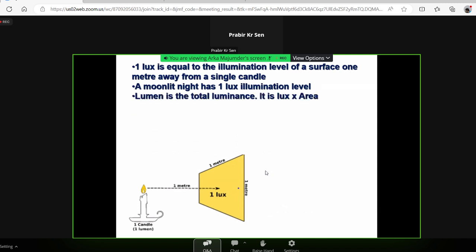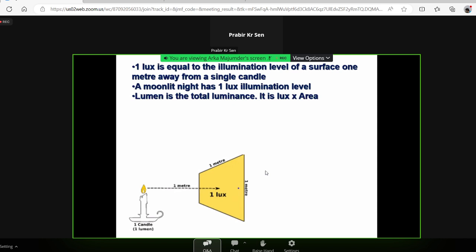Now, if you multiply the lux level by area, that will give you lumen. Your electric bulbs produce lumens, not lux. If you switch on a single electric bulb in a small room, you get more light.